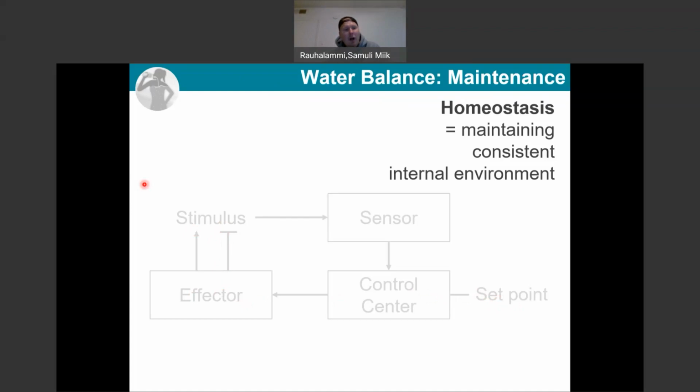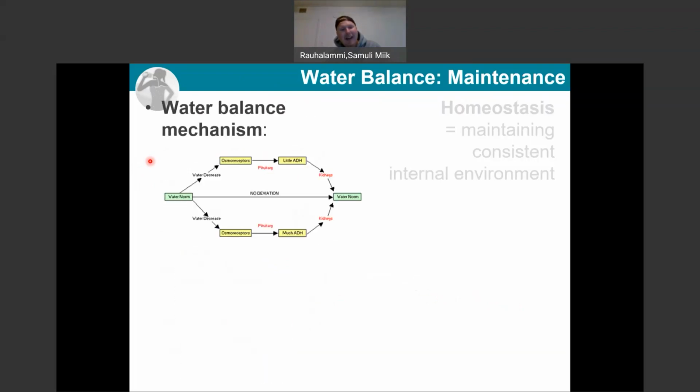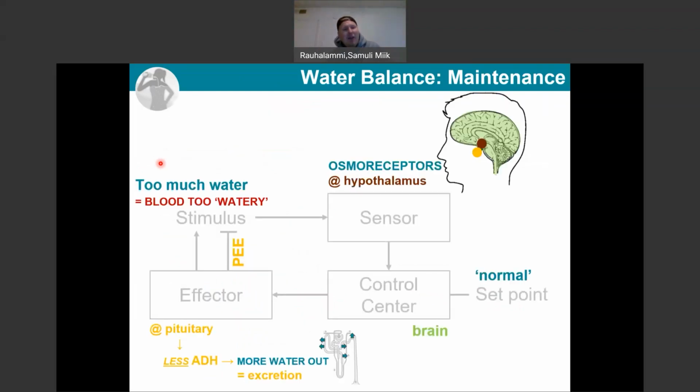So let's have a look at maintaining water balance in the body by using this simplified diagram, so we don't have to go through all these complex box by box by box diagrams instead. In this first scenario, we're going to have too much water around. And I know this is not a very scientific expression, but we can think of it as if the blood is too watery when compared to what the normal values are.